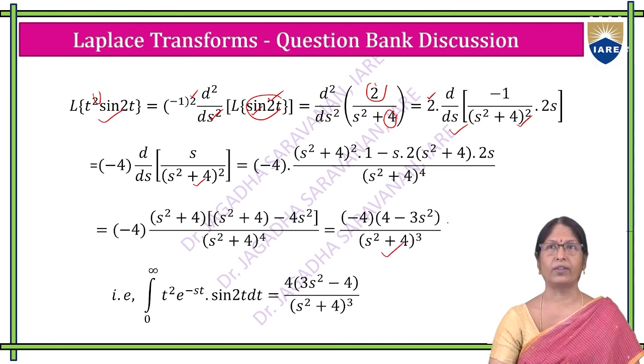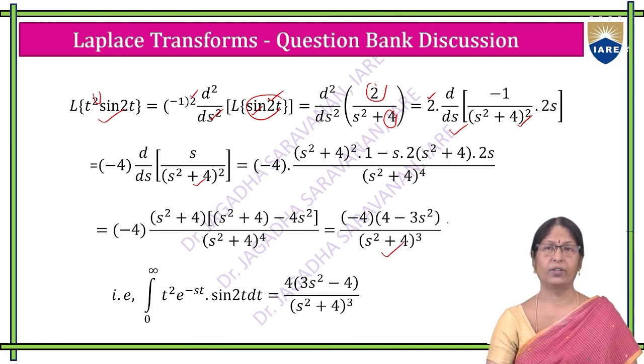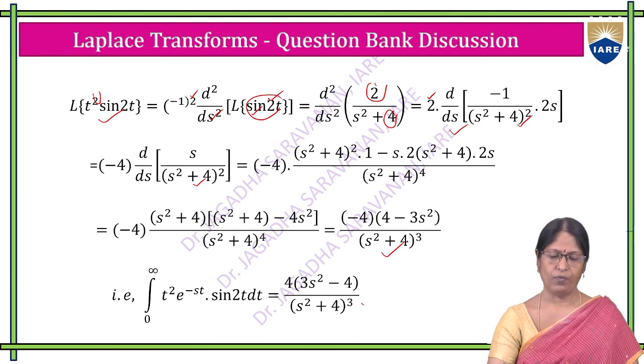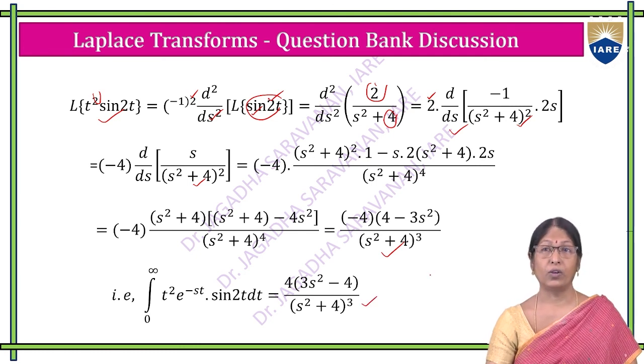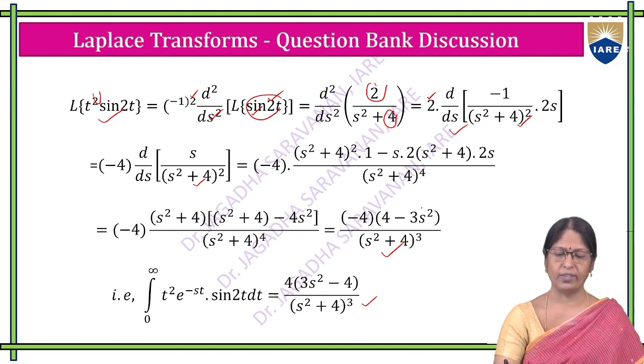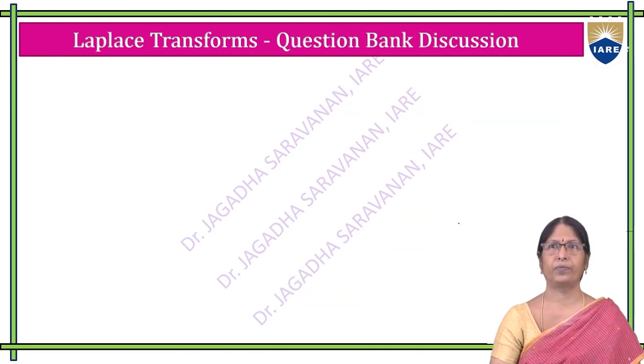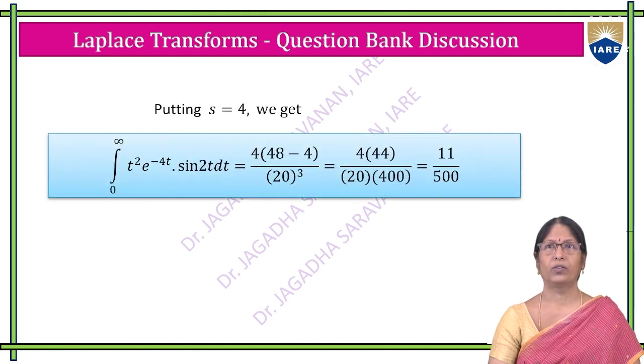Finally, we obtained this result. For the final one, s is to be replaced by 4. So we can see the steps here. The final result, we put it in place, s is replaced by 4.